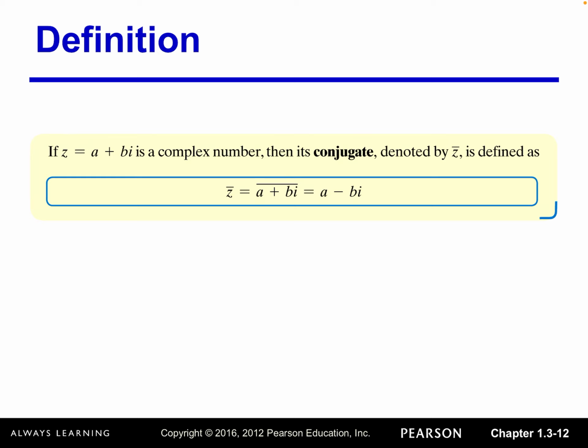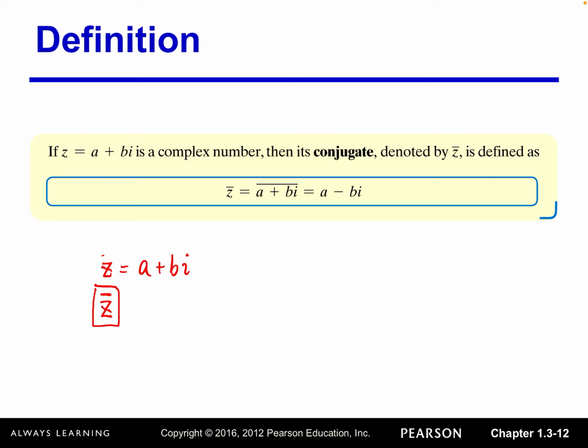Say complex number z equals a plus bi. This is a complex number, a plus bi. Its conjugate is denoted by z bar. Z bar is the notation for the conjugate of the complex number z.